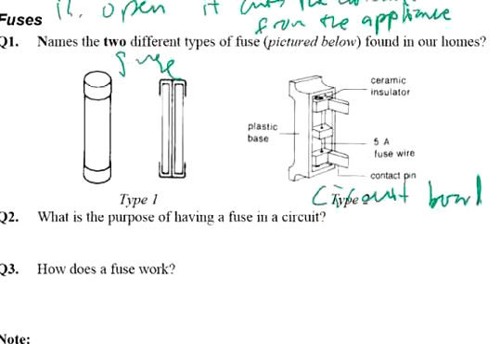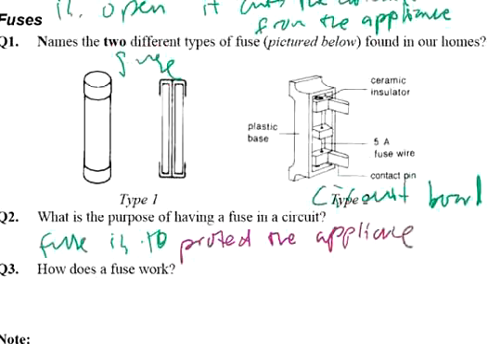Okay, so what is the purpose of having a fuse in a circuit? If you refer to my notes, the fuse is to protect the appliance from overflow of current.